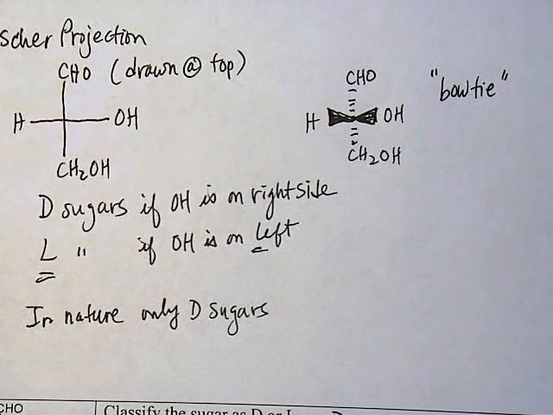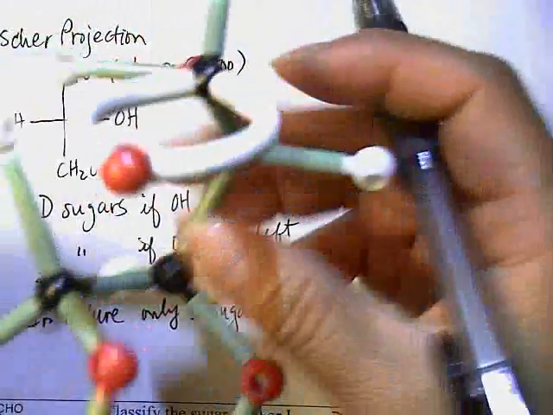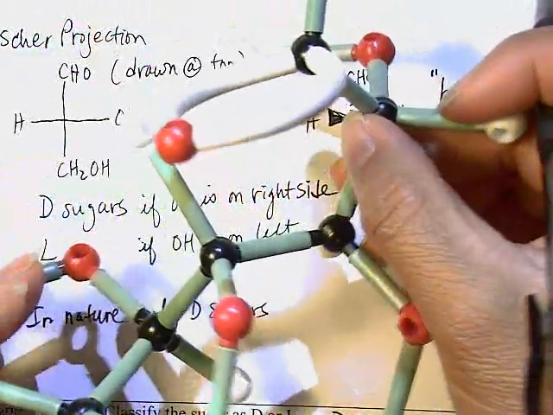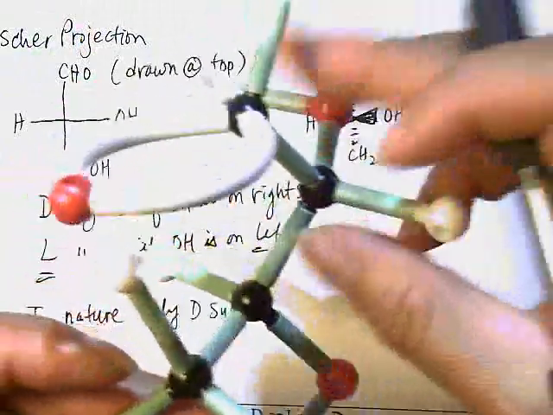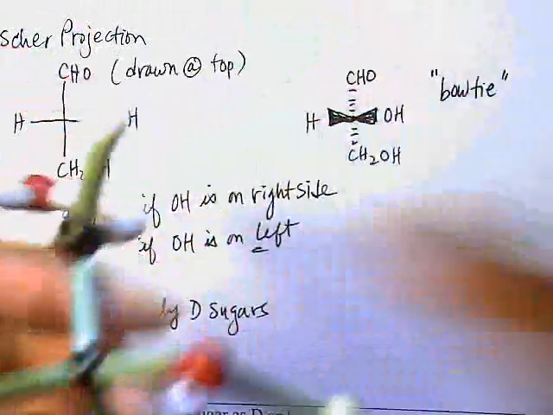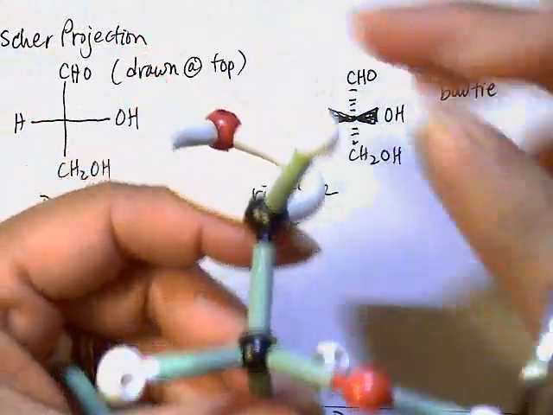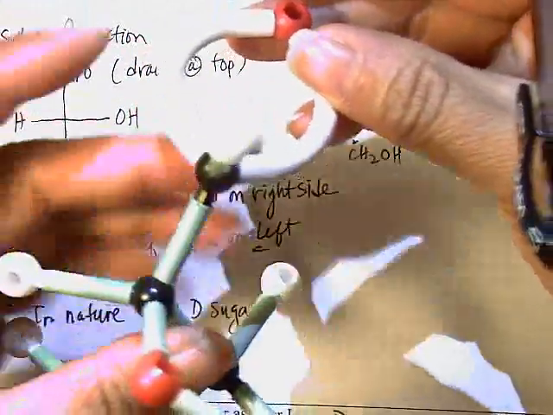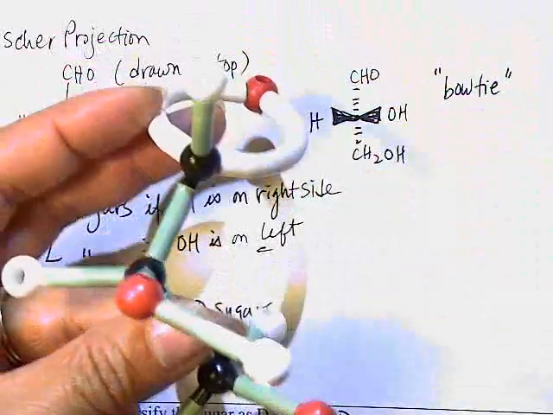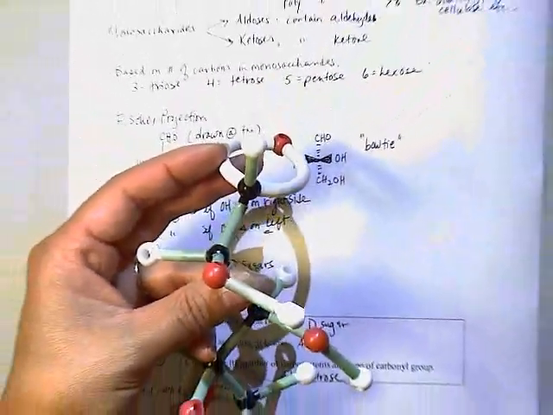So for example, I am going to show you a structure of the glucose model, and when you are looking at this molecule, here's the acetyl OH. Let me just zoom out.